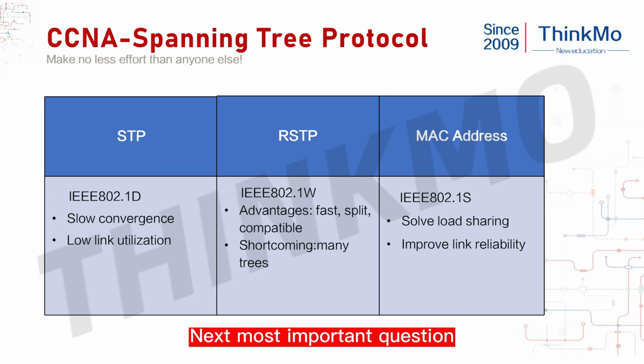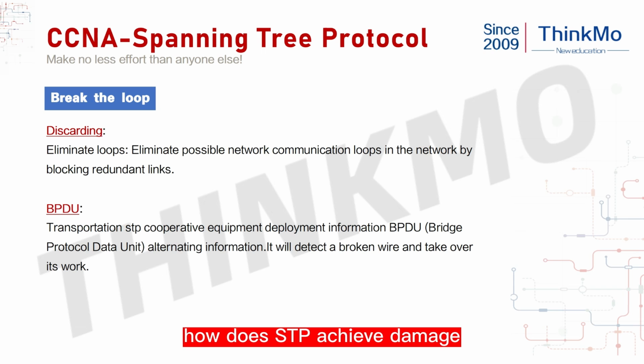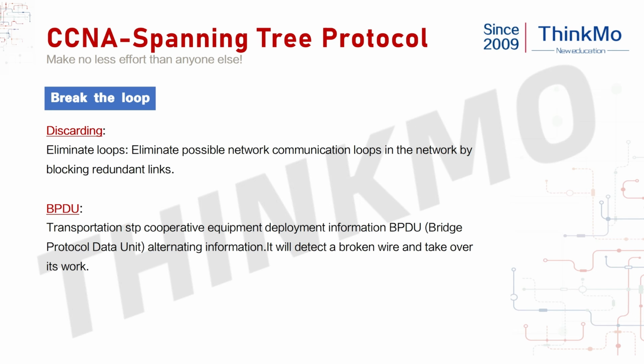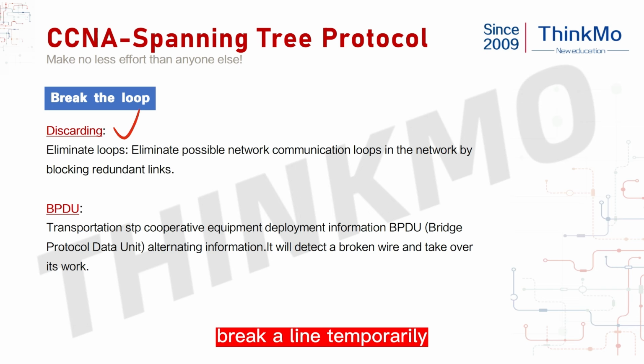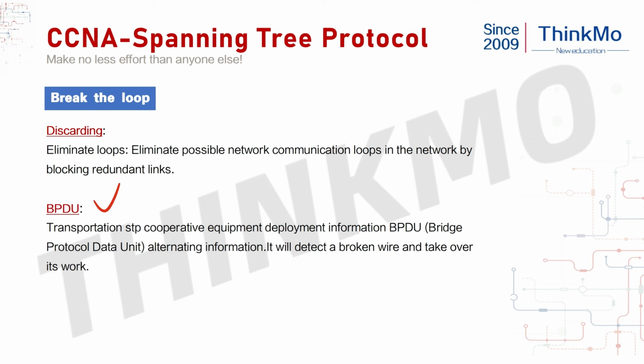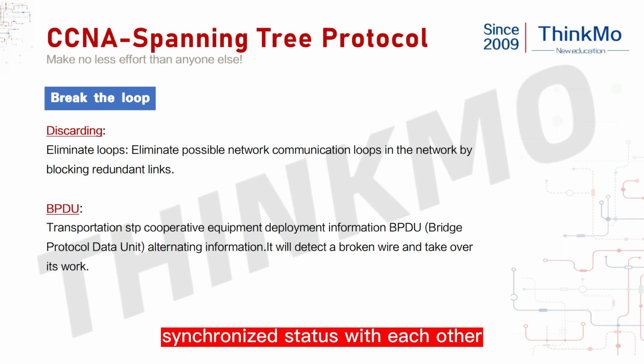Next, the most important question: how does STP achieve loop breaking? It temporarily breaks a line in the redundant links. This does not mean cutting the line manually, but doing it automatically. Between switches, by interacting with the corresponding STP protocol messages, called BPDUs, they synchronize status and corresponding information with each other.